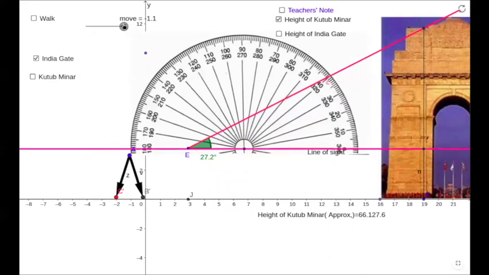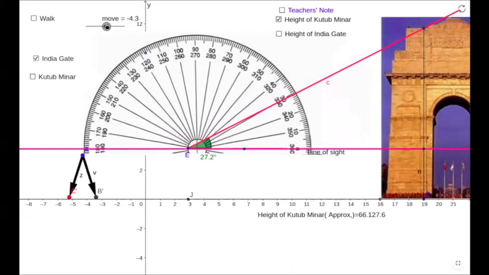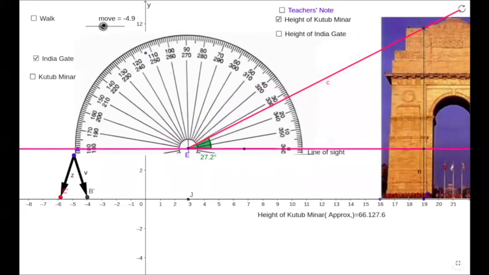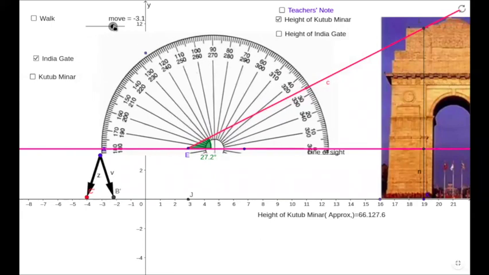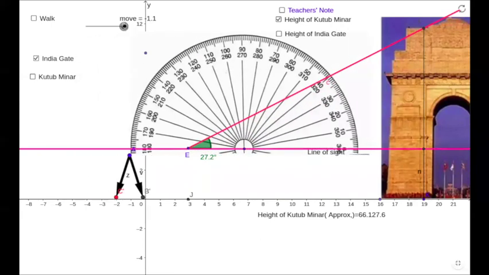Is the angle the same or is it different? You got my point? This is one position, right? Here the angle is 27.2, right? Now I am moving to another position. At this position, is the angle the same as at the previous point?